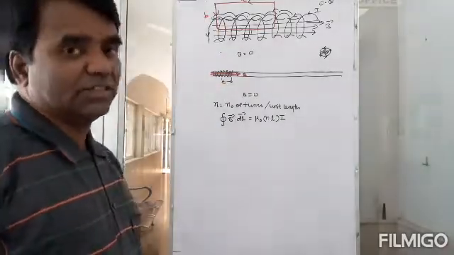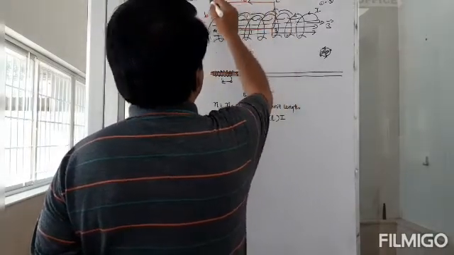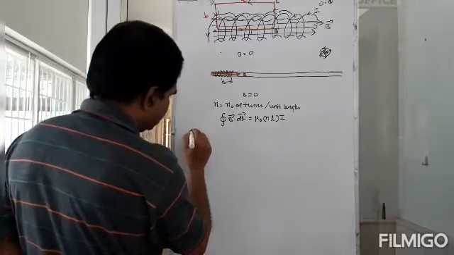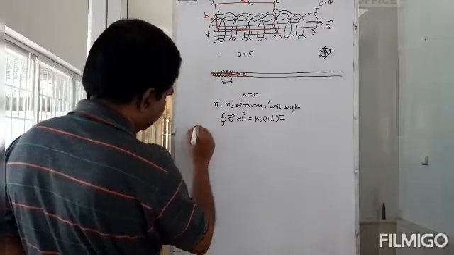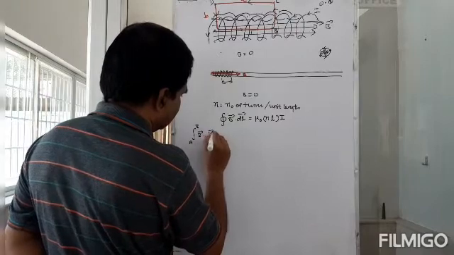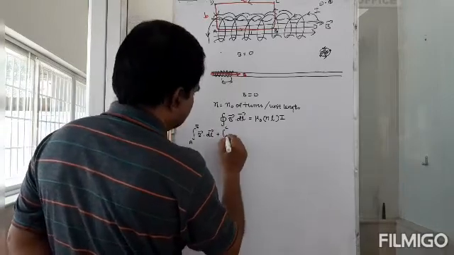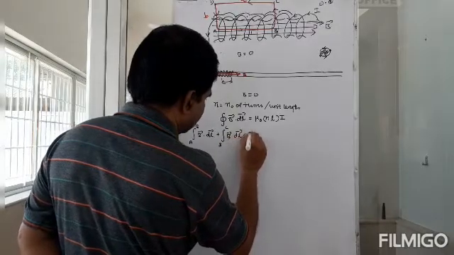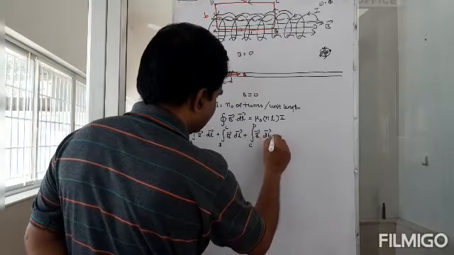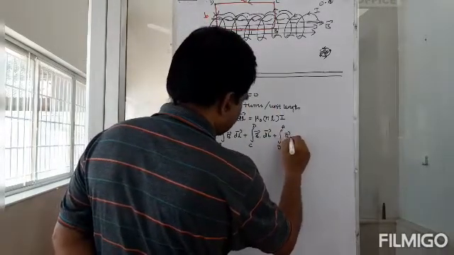Now how do I do the integration? Well, I'll start from here. I'll say this is A, this is B, this is C, and this is D. So this can be written as the integral from A to B of B dot dl, plus the integral from B to C of B dot dl, plus the integral from C to D of B dot dl, plus the integral from D to A of B dot dl.